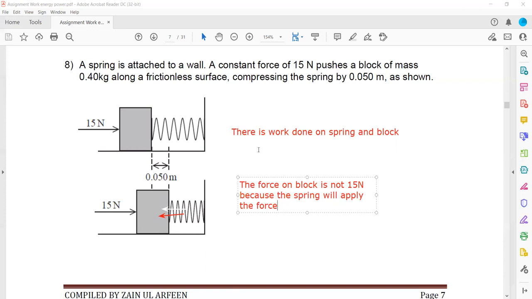As the spring is also applying a force, the force on the block will not be 15. Like if a spring is applying a force of 2 Newton, then the resulting force is not 15, it is actually 13. Is it clear, this question? Any doubt in this question?